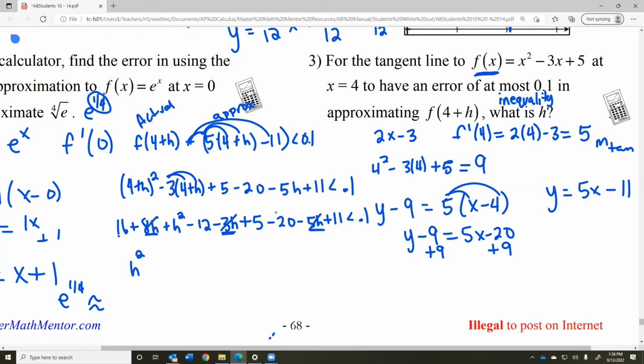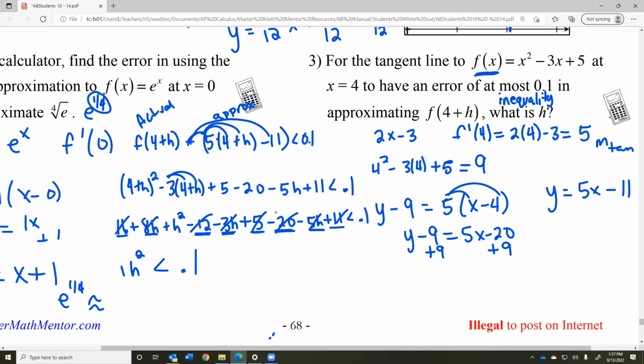We have a 16 minus 12 would be 4. 4 plus 5 would be 9. 9 minus 20 would be negative 11 plus 11. So all of those actually cancel out too. So we get h squared is less than 0.1. That was really nice that all of those numbers that didn't have an h canceled out.